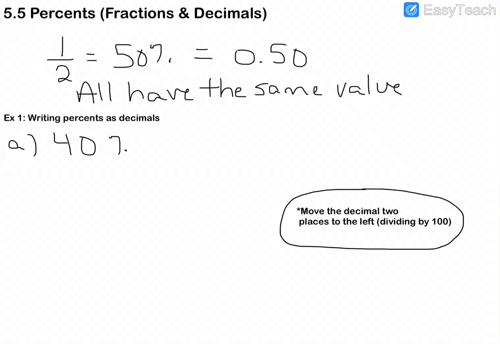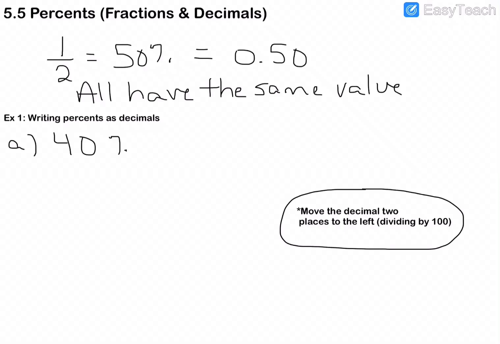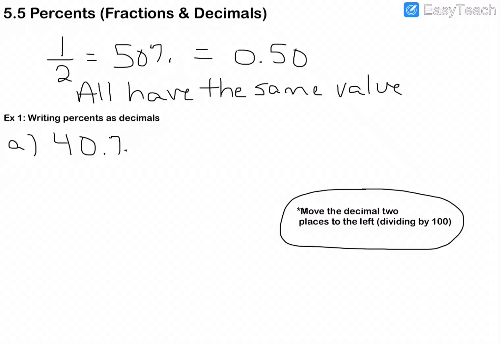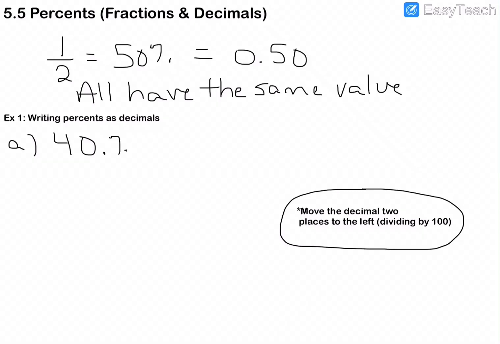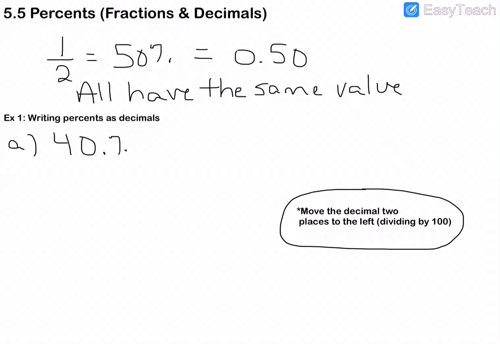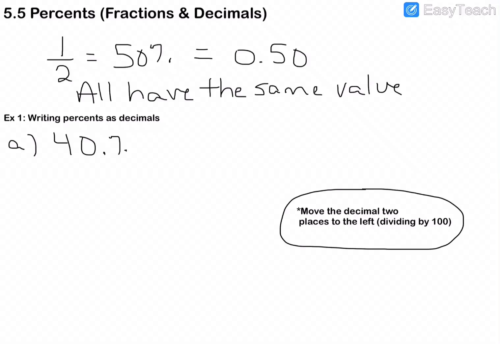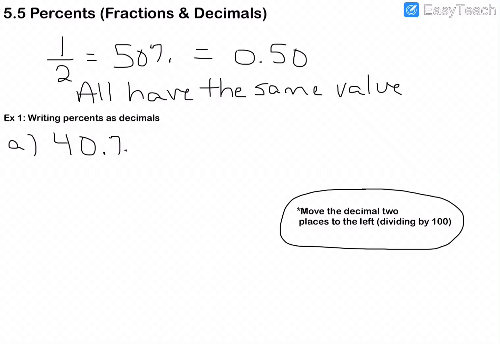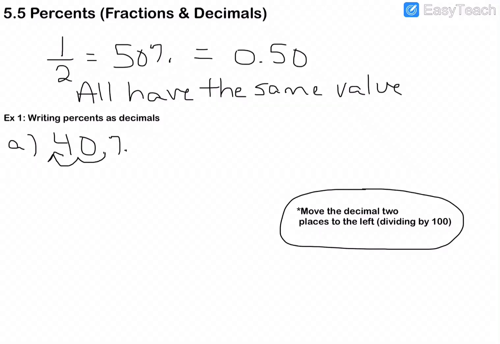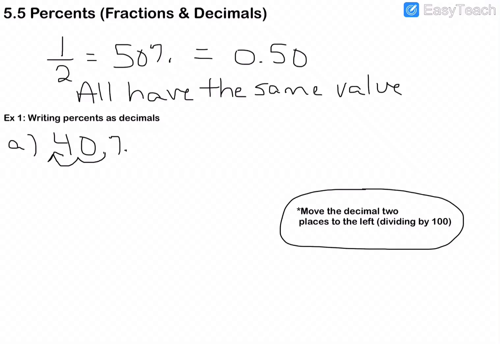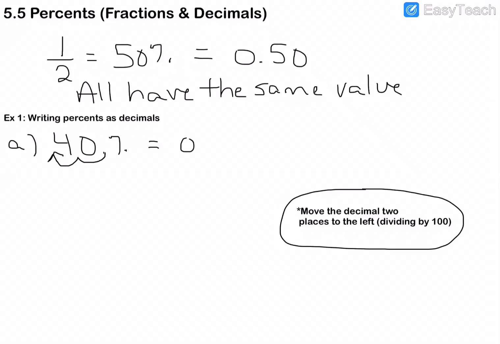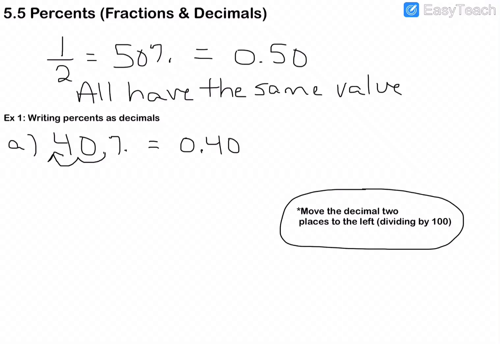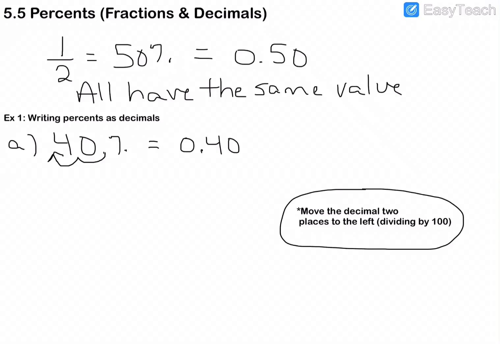In the number 40%, there is an implied decimal right here after the 0. If there's no decimal in your number, it's always after the ones place. So the 0 is in the ones place. You're going to take this decimal and move it 1, 2 places to the left. So 40% is the same thing as 0.40.